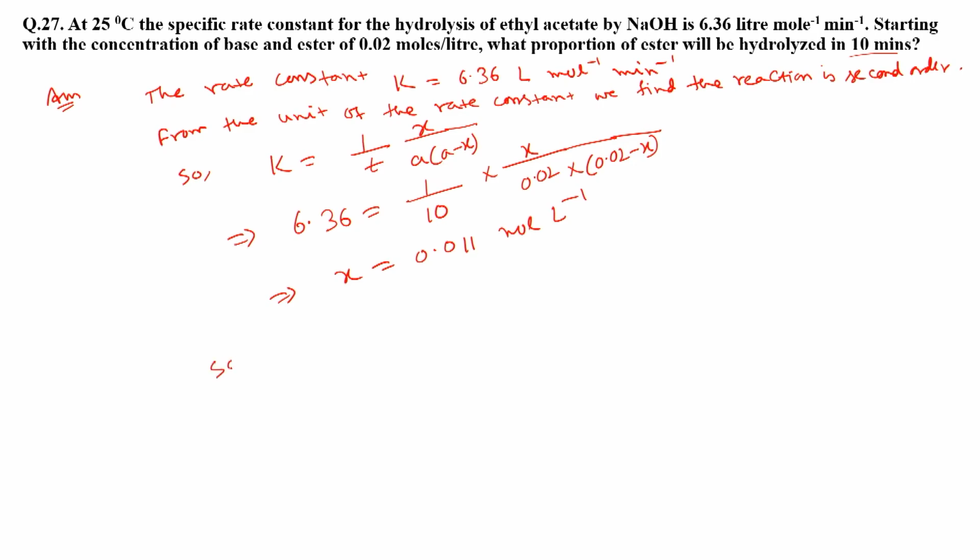So, the percentage of ester hydrolyzed is 0.011 by 0.02 times 100. We started with 0.02 and we got x as 0.011. So, we get roughly 55%.